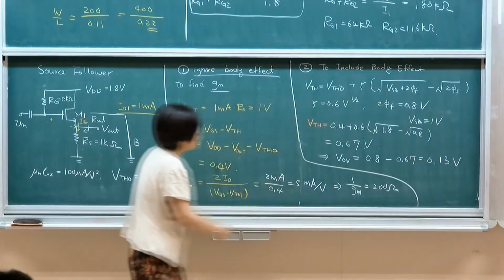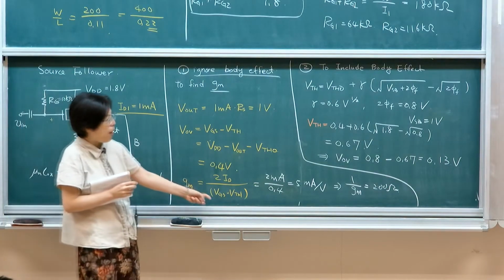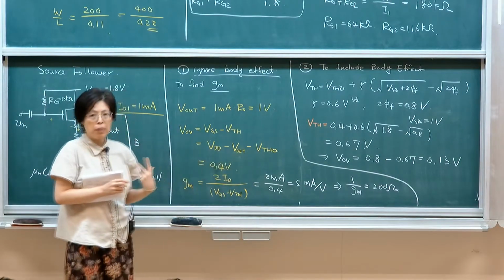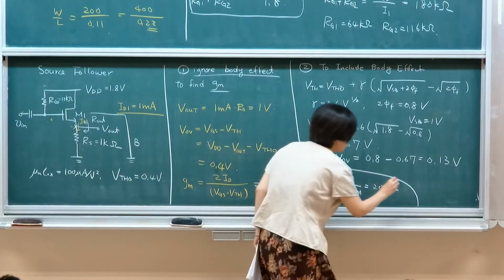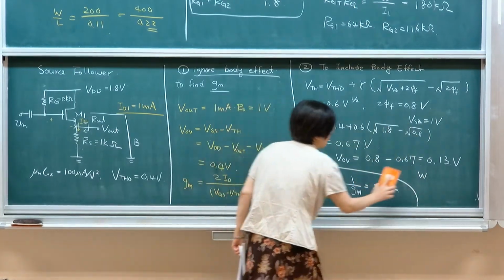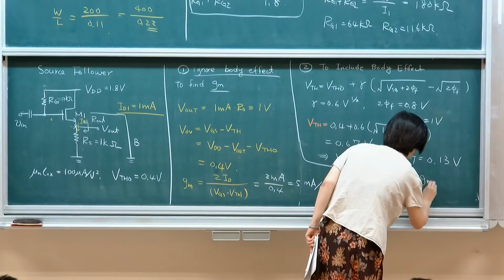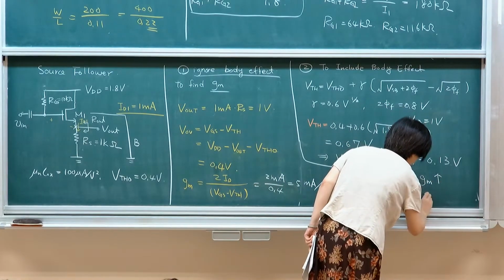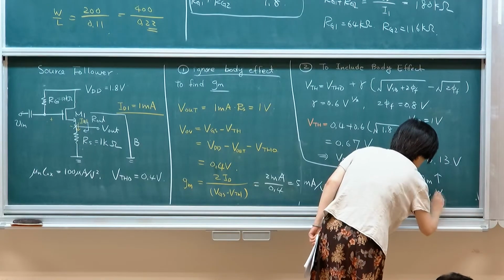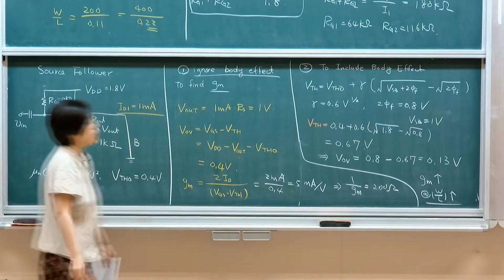So based on this circuit, you would have a much smaller overdrive, because overdrive is at the bottom, so 1 over GM will be higher. I should say GM will increase at the cost of increased W over L.